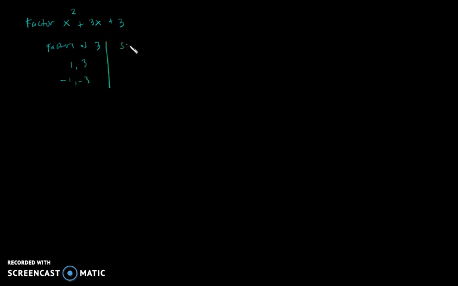Then we get the sum. The sum is 4, and this would be negative 4. As you can see, the sums of the pairs of integers that are factors of 3 never give us 3. We have 4 and negative 4.